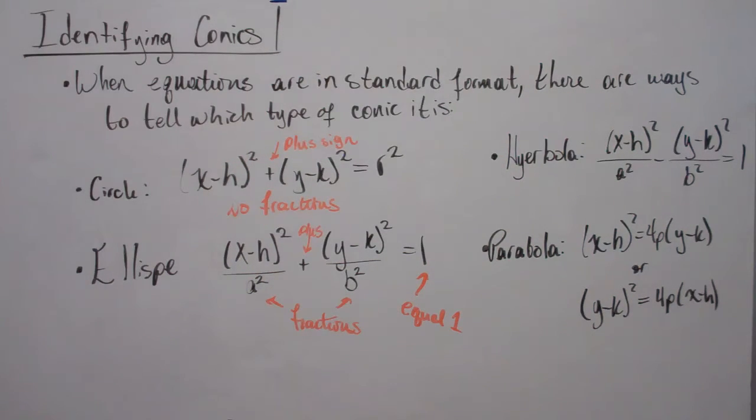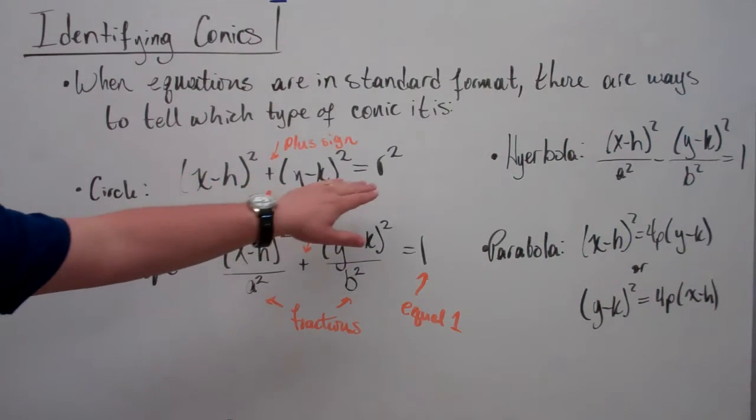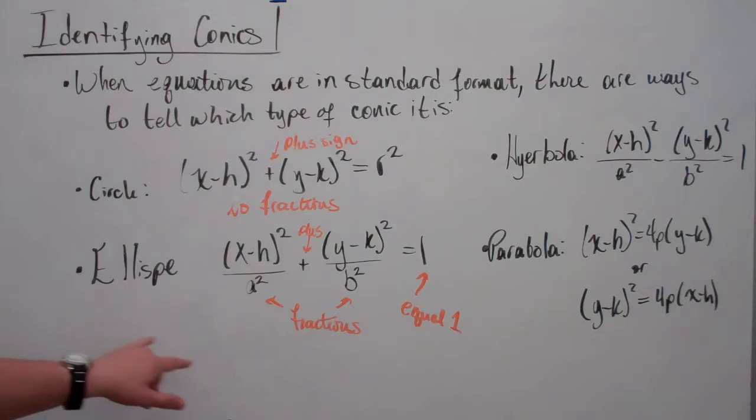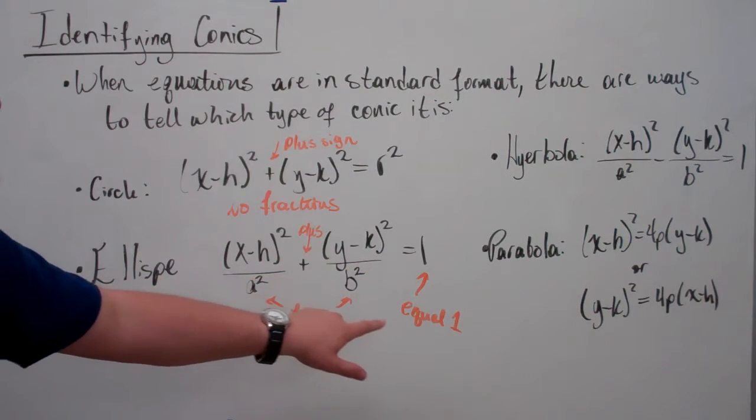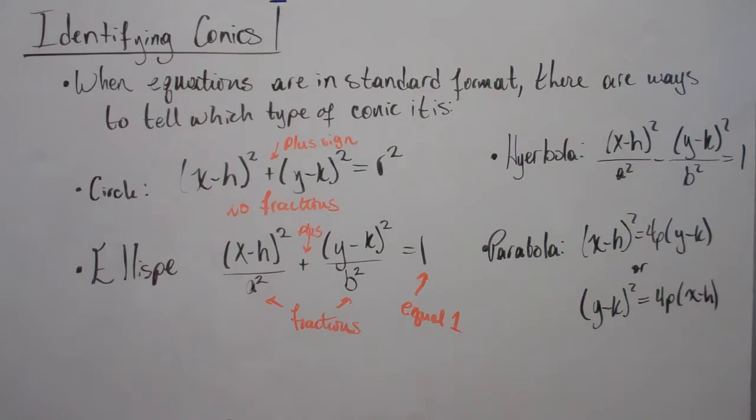So remember, a circle has no fractions. They're added together, and it's always going to equal r squared. For an ellipse, you'll have fractions, they're added together as well, and it will always equal 1.